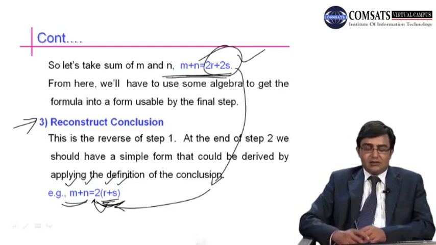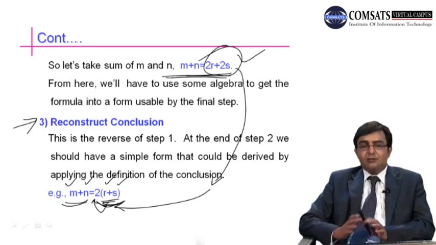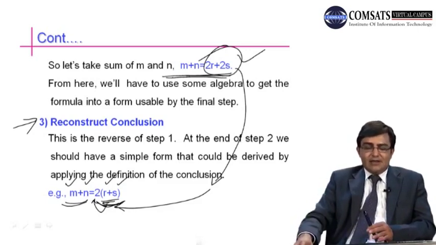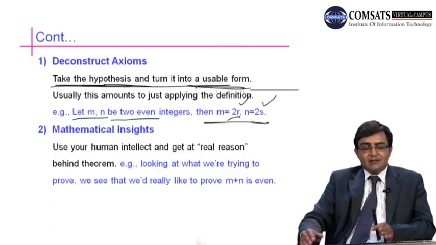So this was what was required in the given statement, so the theorem is complete now. This is how we think in proving theorems or statements or propositions directly. So the first step is basically, I repeat, deconstruct axioms.